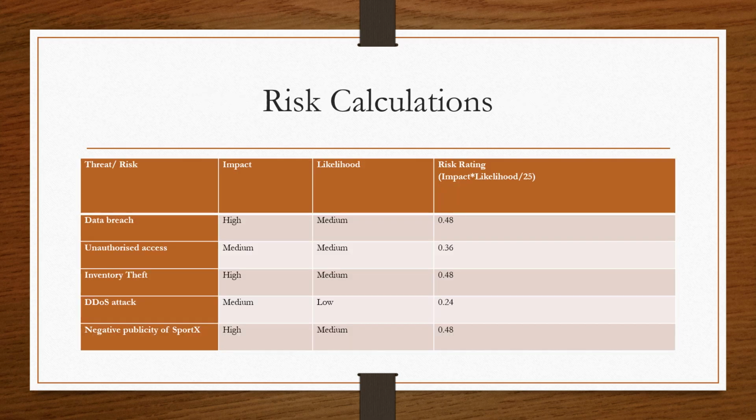The next one is the risk calculation. This slide shows the risk calculation for the identified threats of the company. To calculate the risk rating of each TVA triplet, we have assessed the impact and likelihood of each risk. Given the assumption that the data and assumptions are 95% accurate, we have assigned impact and likelihood values to each risk.